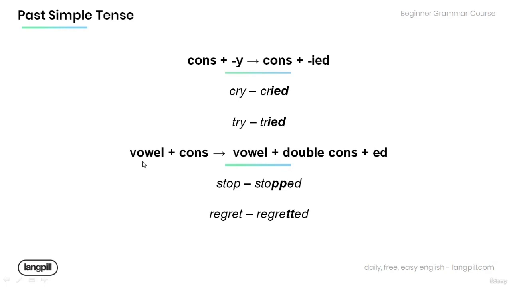And when a word ends with a vowel and a consonant, we keep the vowel, double the consonant, and add ed, as in the example below. Stop, stopped. Regret, regretted.